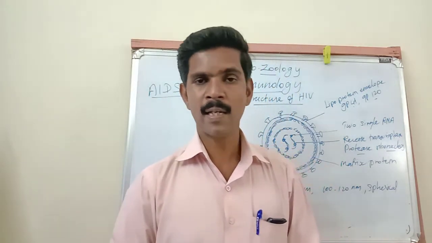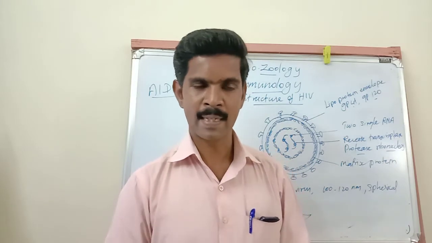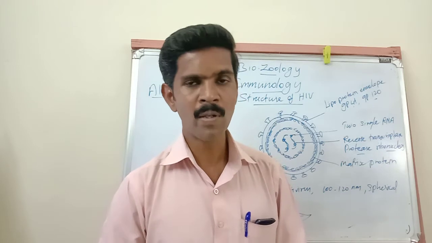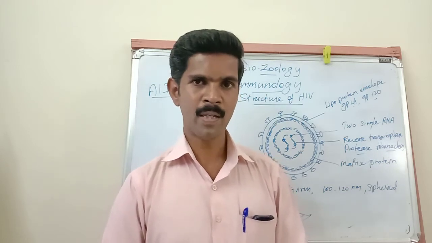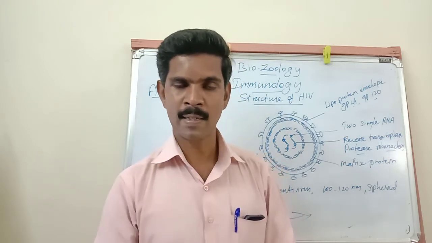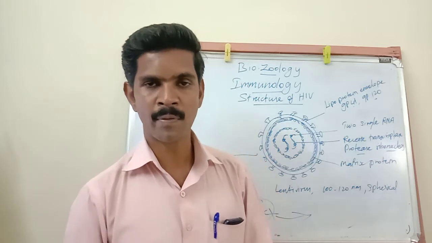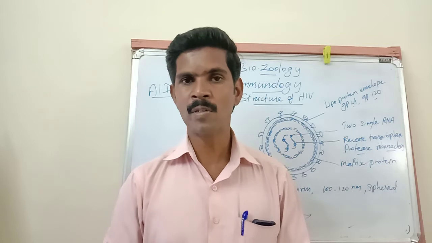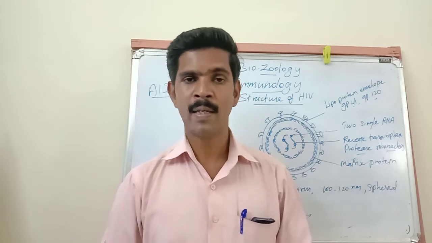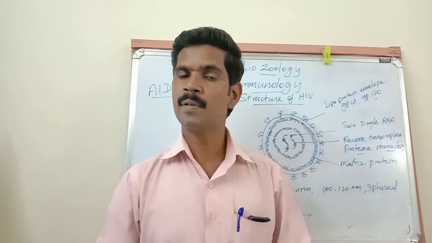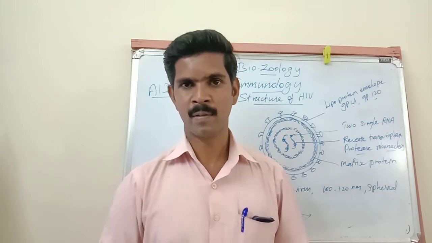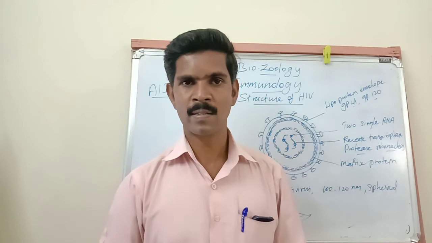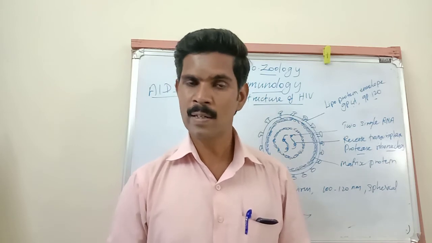So when the number of T helper cells decreases, automatically the acquired immunity power of the human also decreases. During this period, when acquired immunity power is slowly decreasing, that person suffers from different types of symptoms: fever, weight loss, diarrhea, continuous cough.